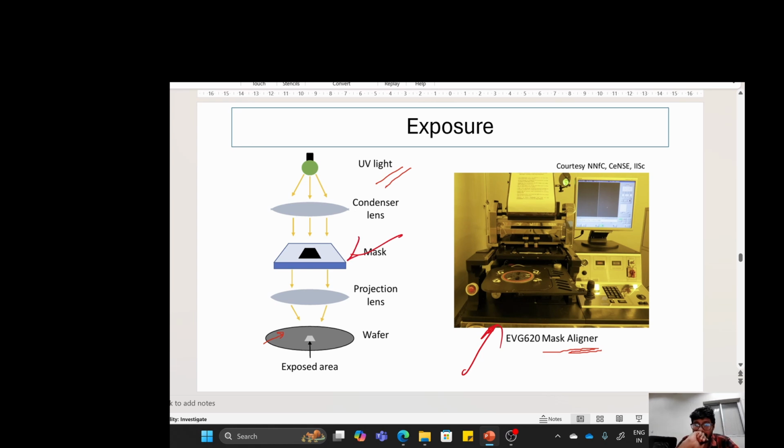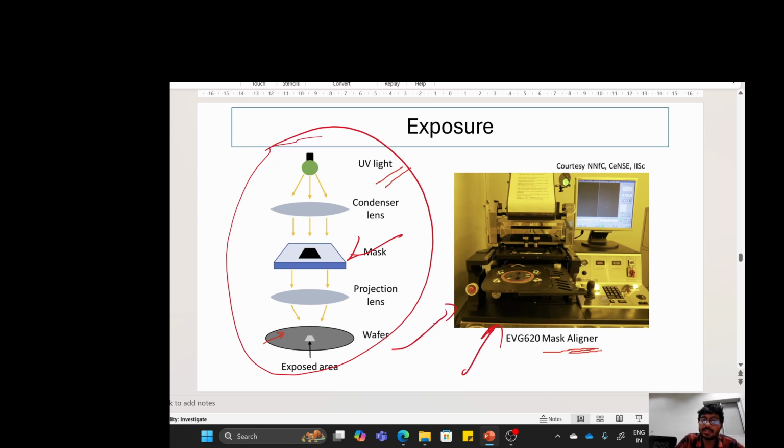This picture shows projection lithography, but this tool is not projection lithography. There is a light source, and there are some condenser lenses over it. At this position you keep the mask, and this is the stage where you keep your substrate.